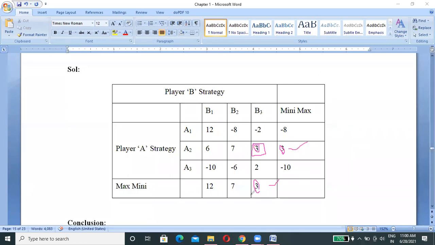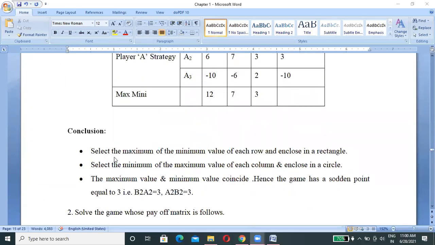Then after completion of this table, we have to write a small conclusion. Here you see the conclusion. Select the maximum of the minimum value of each row and enclose it in a rectangle. Then select the minimum of the maximum value of the column and enclose it in a circle. The maximum value and minimum value coincide, hence the game has a saddle point.